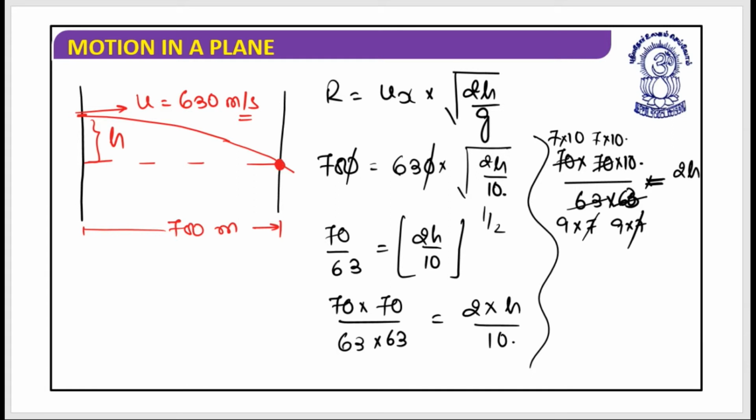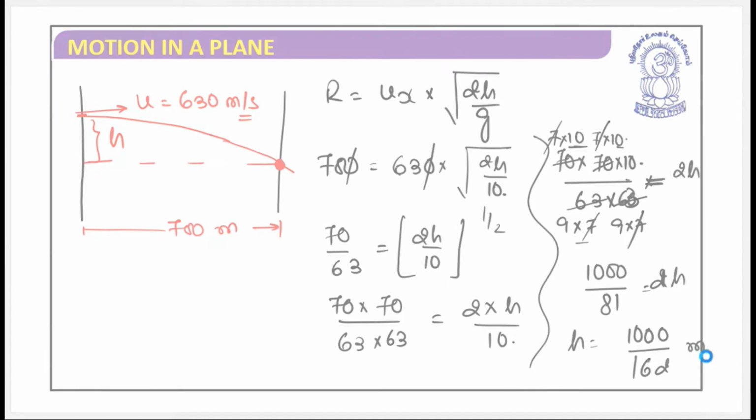The 7 has gone, and the term that remains is 10 10 10, that is 1000 divided by 81 equals 2 into h. So h should be equal to 1000 divided by 81, the 2's, that is 162 meter.